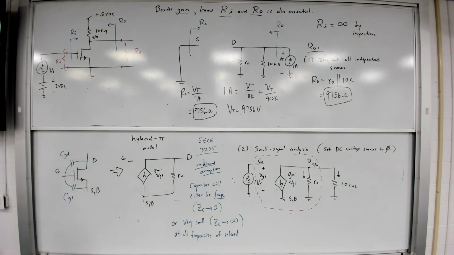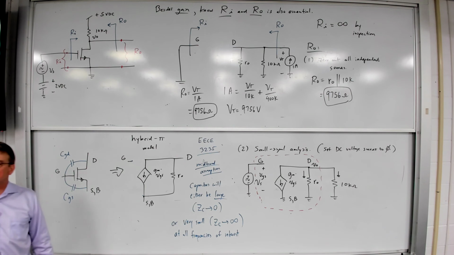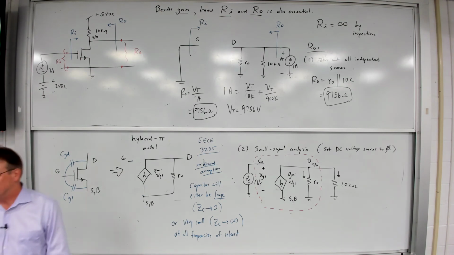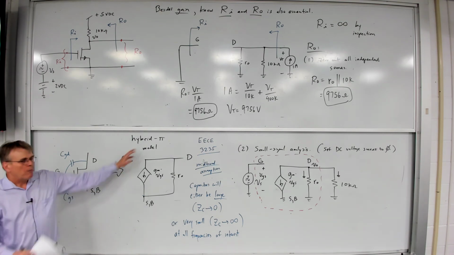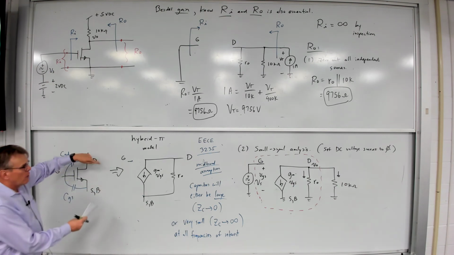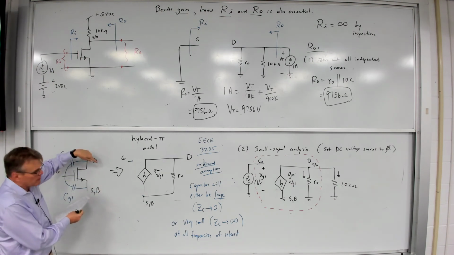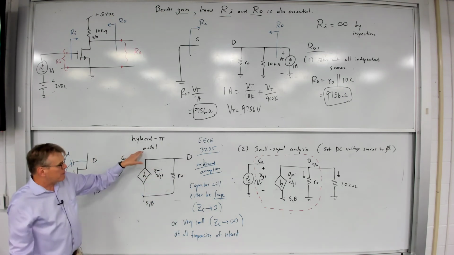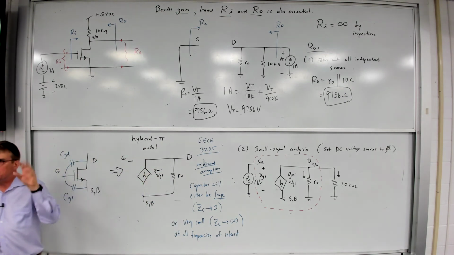Hybrid pi, where in the world does that come from? Hybrid pi is a leftover from an analysis technique that was taught 50 years ago. Back when I was taking the class that you're taking now, we learned about two-port theory. Two-port theory was a way of looking at how the characteristics of a circuit from the input port to the output port behaved. And hybrid pi was one of the two-port models.